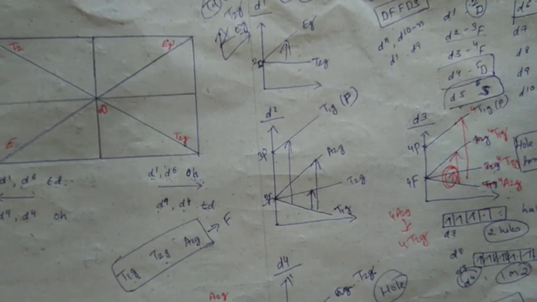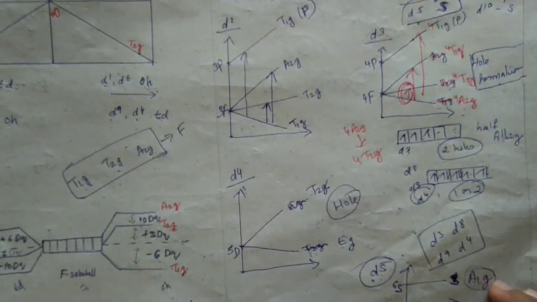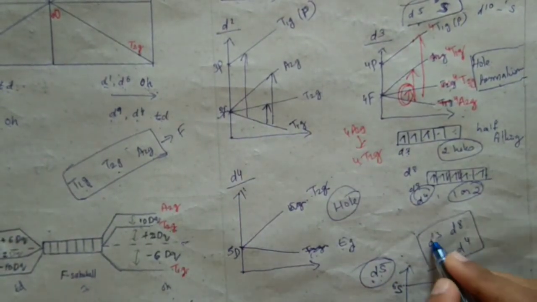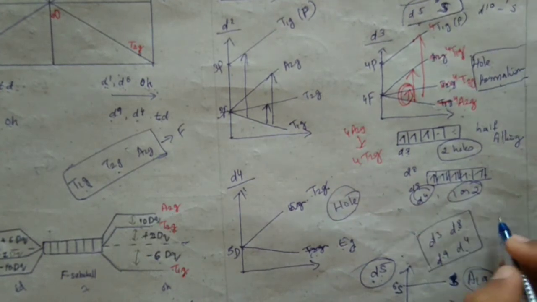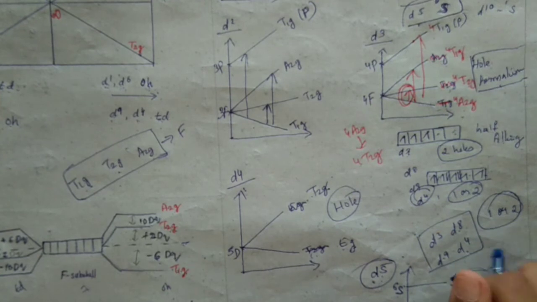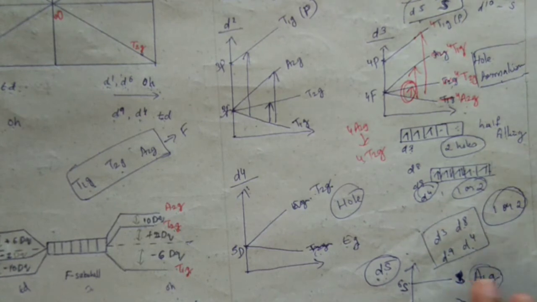Then we have seen the hole formalism. Hole formalism applies to D3, D8, D9, D4. Why? In D3, D8, D9, D4 we need one or two more electrons for partially filling or fully filling the level.